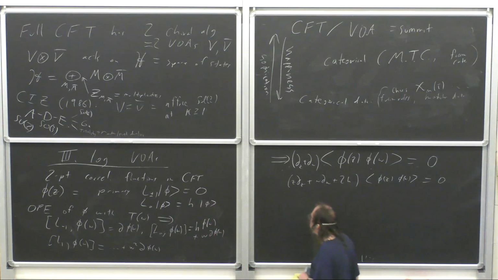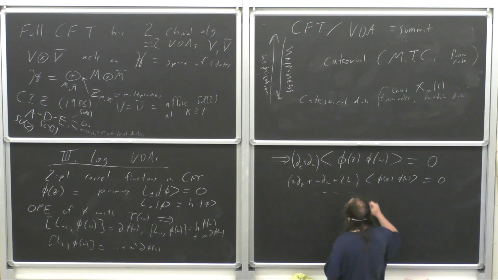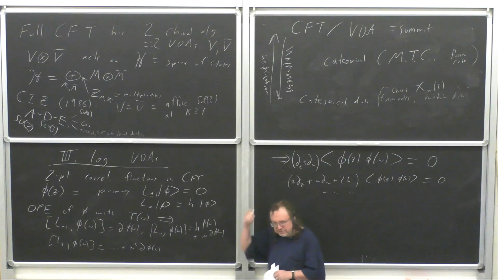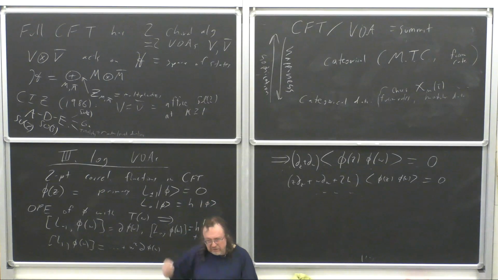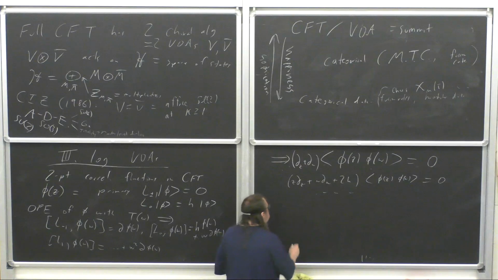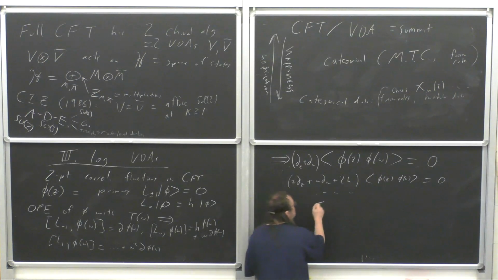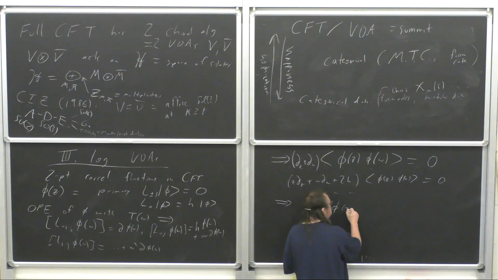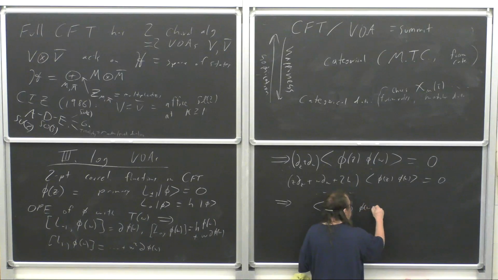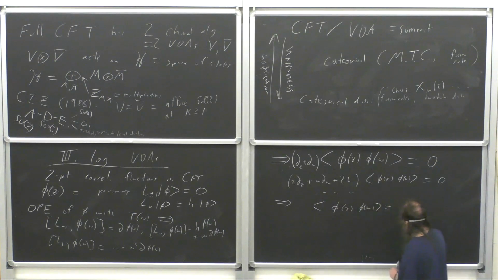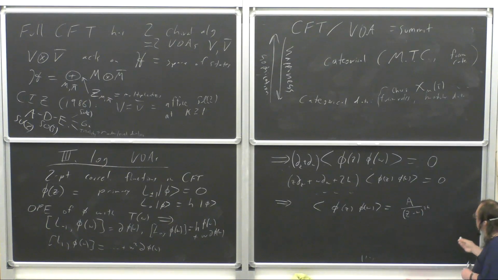It involves W squareds. So you get a bunch of differential equations for your 2-point function, which are easy to solve. And what you get is a formula for your 2-point function that all of us, I'm sure, have seen before.